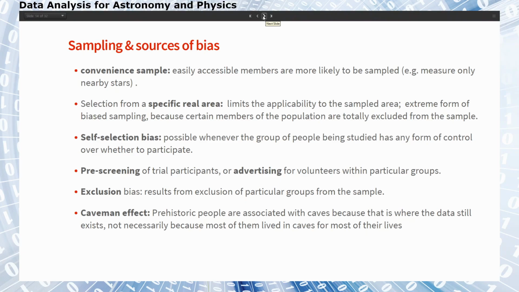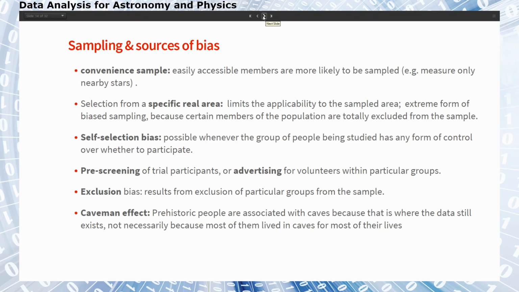You can also sample from a very specific area, which means that this limits the applicability of our study to that sampled area. This is an extreme form of the biased sampling because some members of the population are totally excluded.